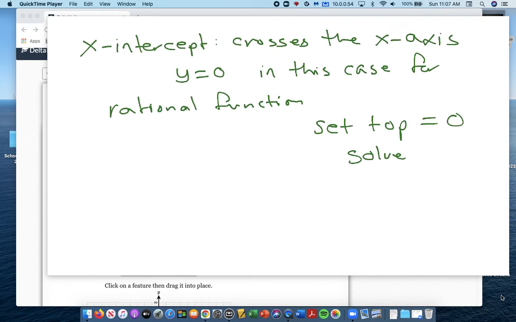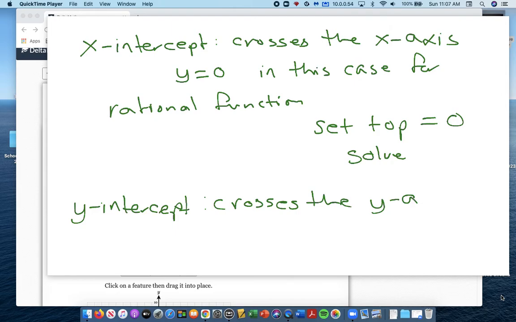Then we got the y-intercept. This is where the graph crosses the y-axis. This is where x is equal to 0.